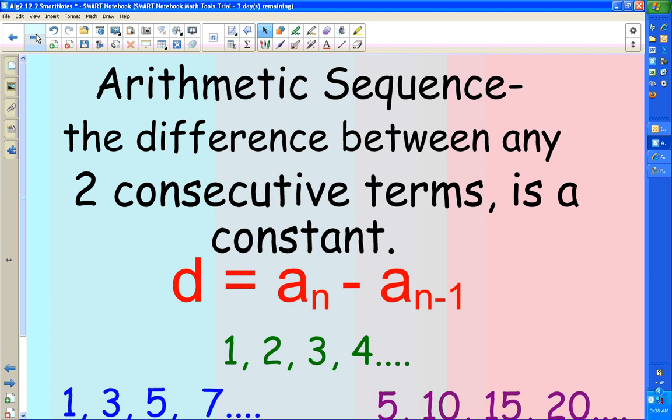And you have to take the difference from any term minus the previous term. The order is important here for finding d. Any term a sub n minus the term prior to it, which would be a sub n minus 1. A sub 12 minus a sub 11. A sub 53 minus a sub 52.